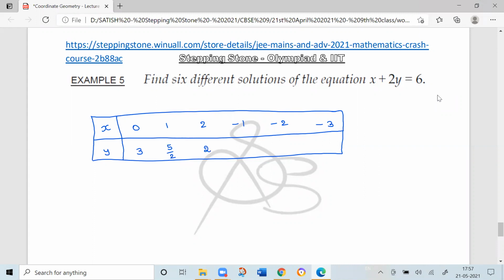Correct. When x equal to minus 1, what is the value of y? 7 by 2. Good. When x equal to minus 2, what is the value of y? 4. Good. When x equal to minus 3, what is the value of y? 9 by 2. Good.